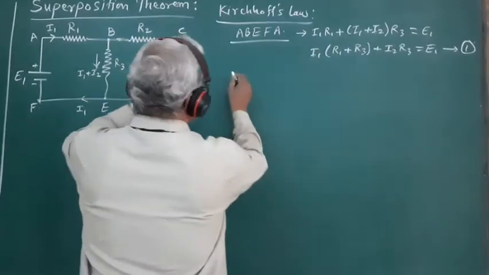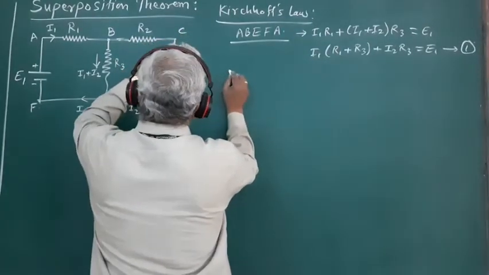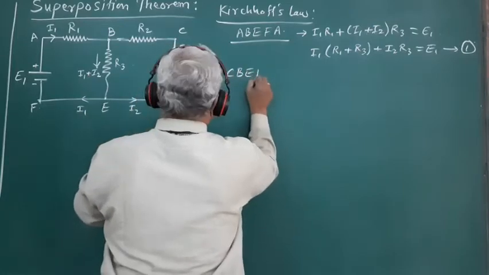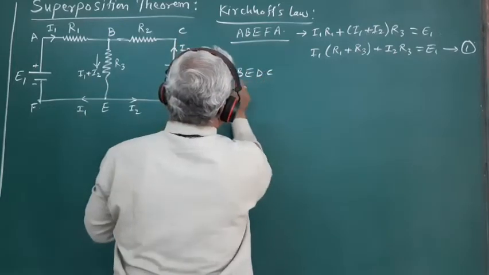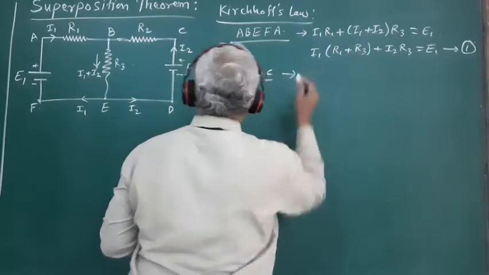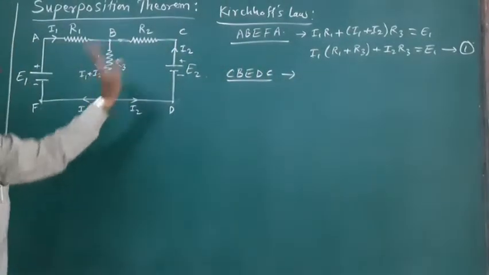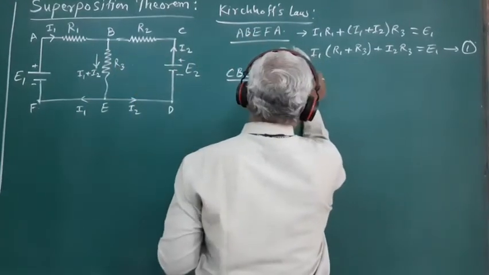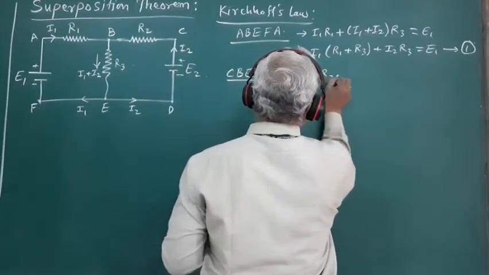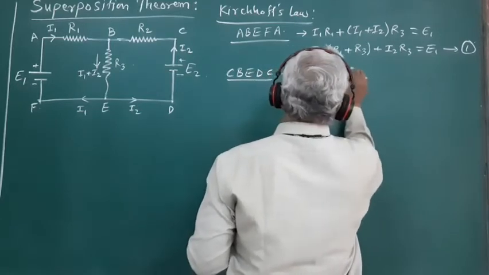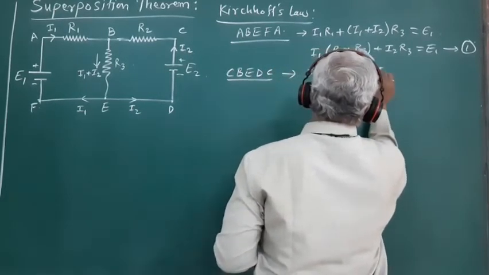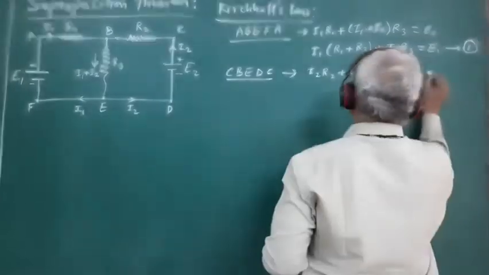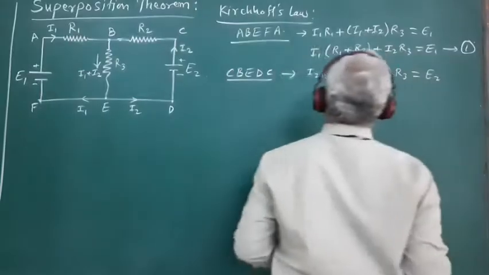And if we apply the Kirchhoff's voltage law to the second loop C, B, E, D, C, the voltage equation for this second loop can be expressed as I2 R2 plus (I1 plus I2) R3 is equal to E2.